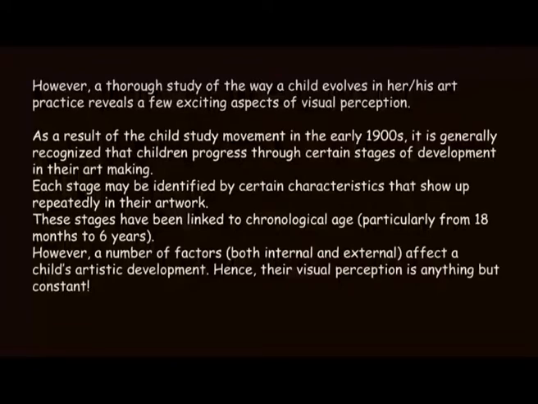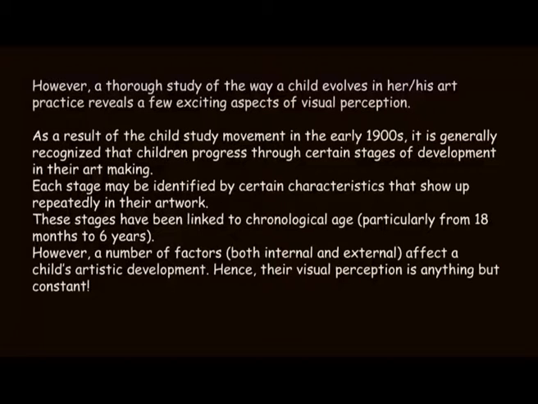In other words, the evolution or development of child art is not arbitrary or random. Though when you look at individual works of child art, they might look arbitrary or random, but when you look at the whole history or evolution of child art, it is not. One notices certain stages of development. Each stage may be identified by certain characteristics that show up repeatedly in their artwork.